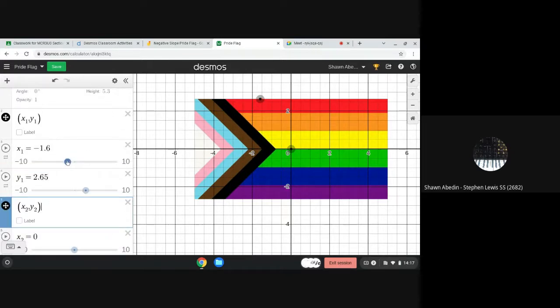And here, for this x value, I need to move it around -4.9, -4.8.